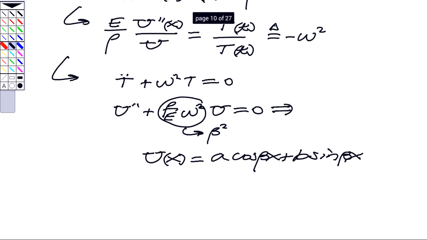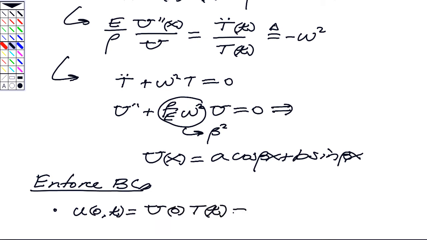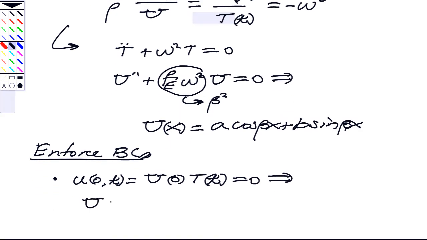So, just as we have in a number of examples up to this point, we need to enforce our boundary conditions in order to get whatever information that we can about beta and these coefficients of A and B. The first boundary condition is that on the left, the displacement is 0, so U of 0 times T of t is equal to 0, it says that U must be 0. So again, that's equal to A.